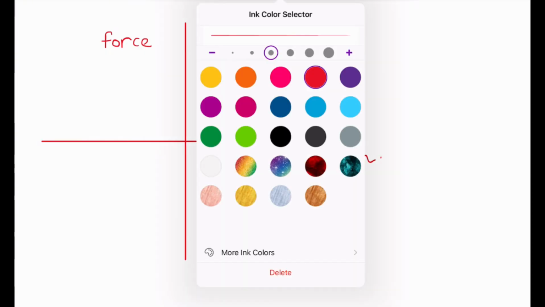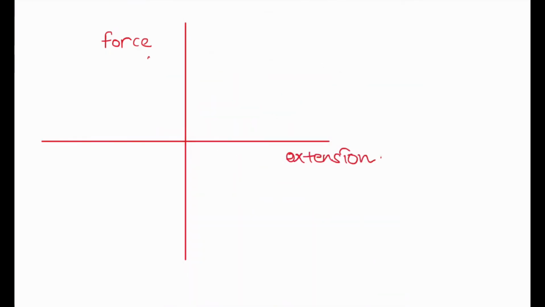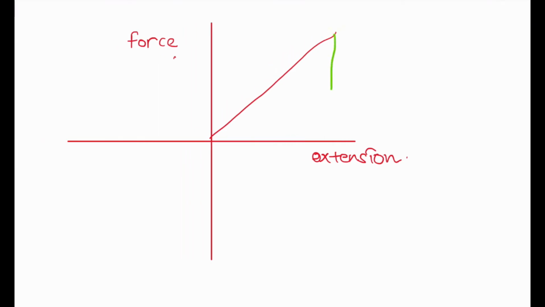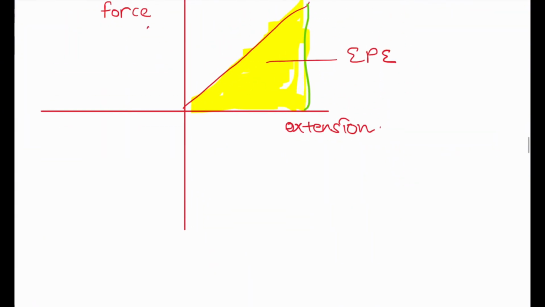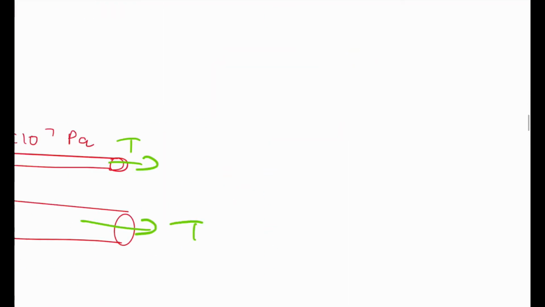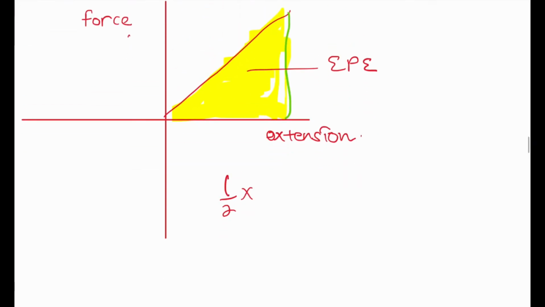We know that the area of this graph represents its elastic potential energy. So this whole area represents elastic potential energy. To find this area, it's 1/2 multiplied by the force multiplied by the extension.